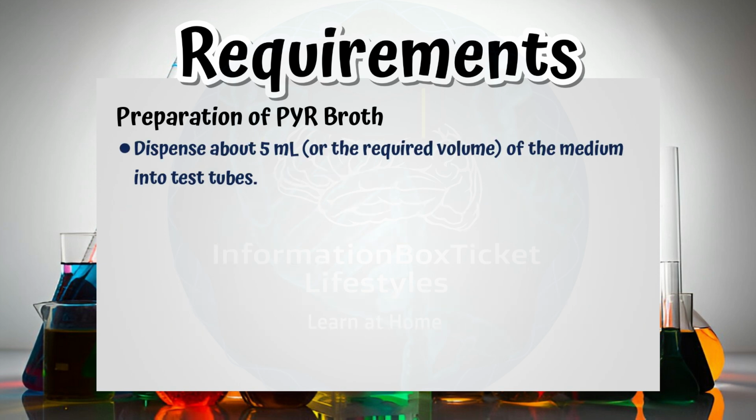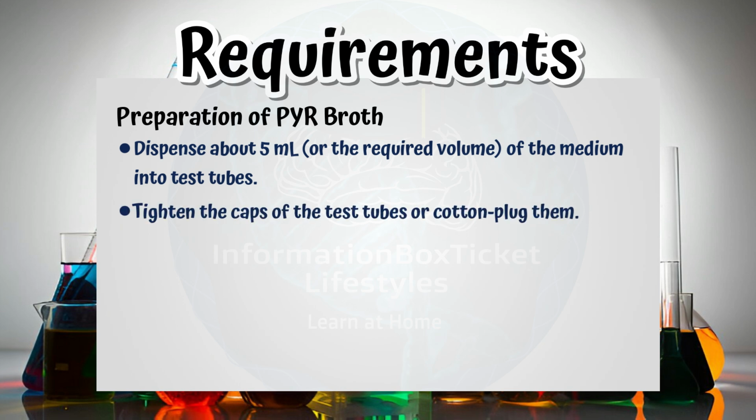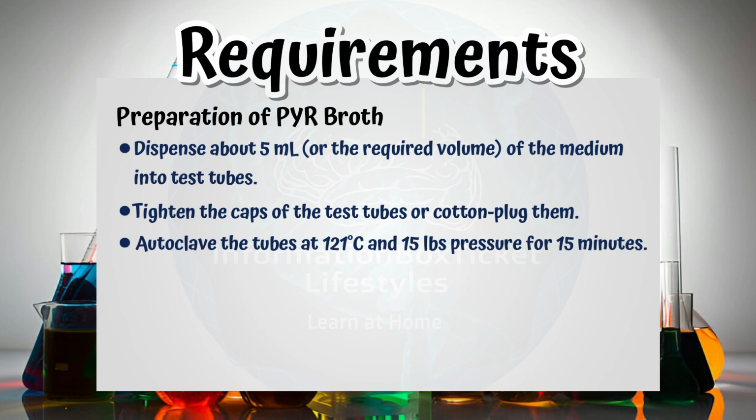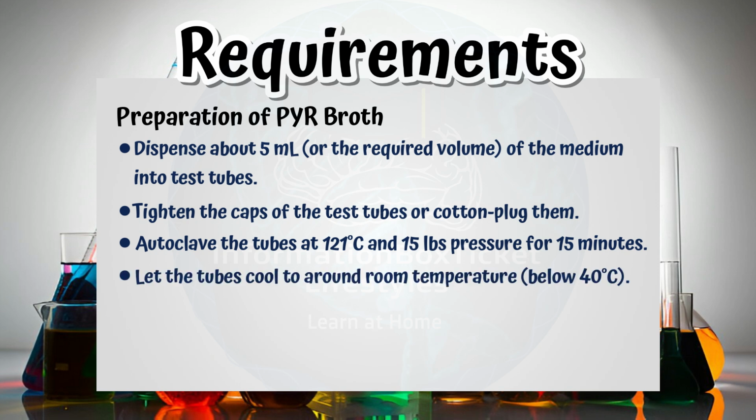Dispense about 5 ml, or the required volume, of the medium into test tubes. Tighten the caps of the test tubes or cotton plug them. Autoclave the tubes at 121 degrees C and 15 pounds pressure for 15 minutes. Let the tubes cool to around room temperature, below 40 degrees C.